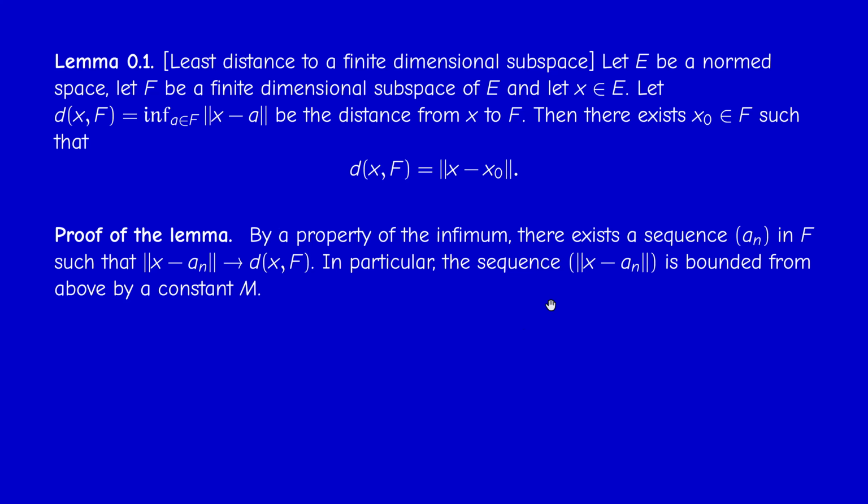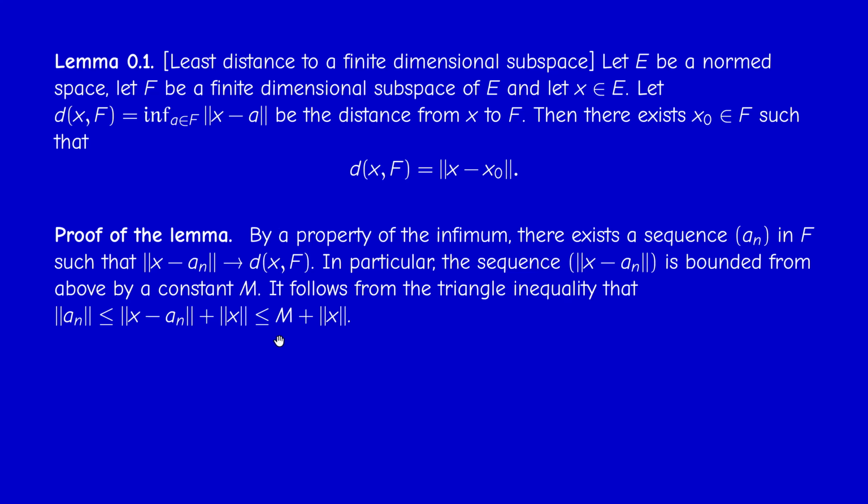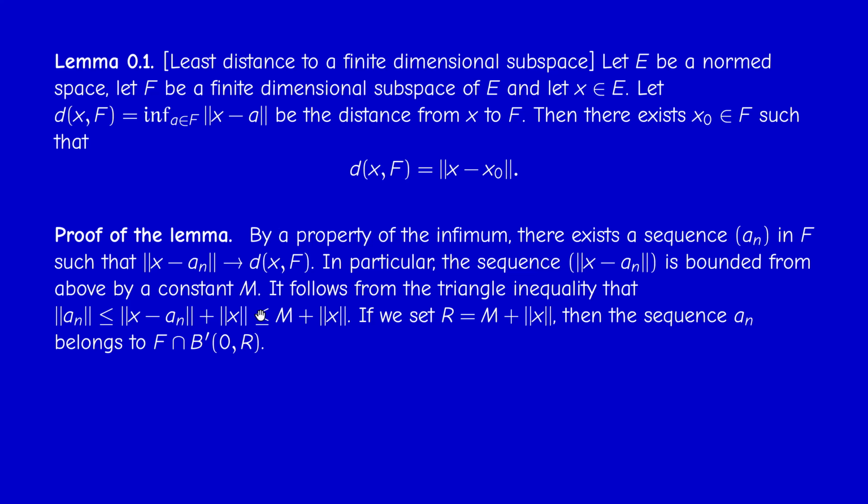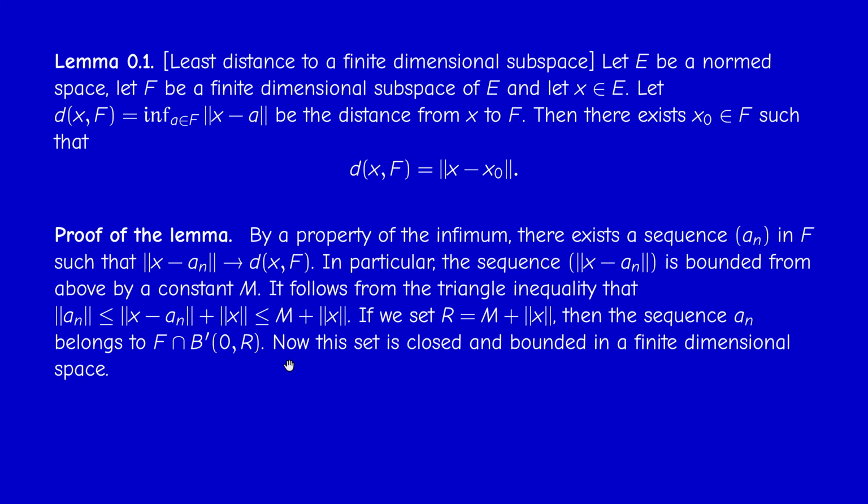So in particular, this sequence of distances is bounded from above because it's convergent. Therefore, an is bounded as well by the triangle inequality. So if we set R to be M plus the norm of x, then this sequence an belongs to F and to the closed ball of center 0 and radius R in the space E. Now, this set is closed and bounded and lives in a finite dimensional space.